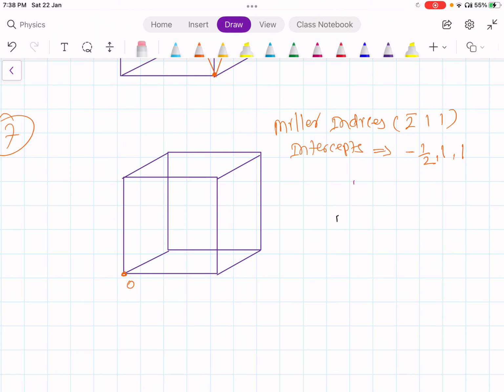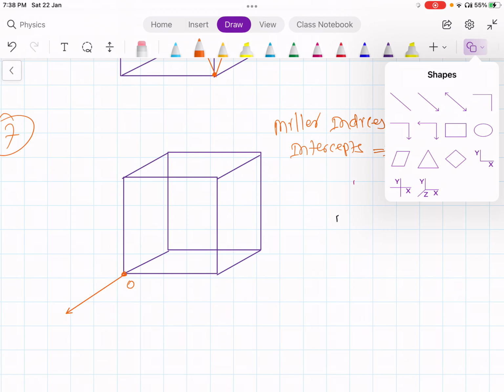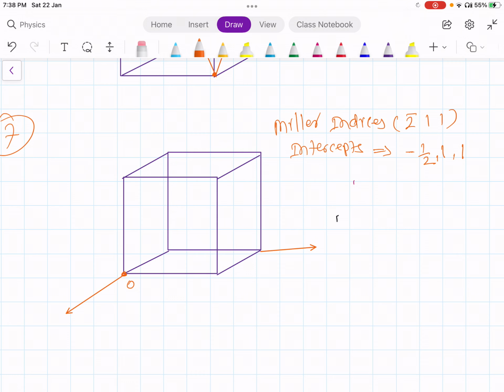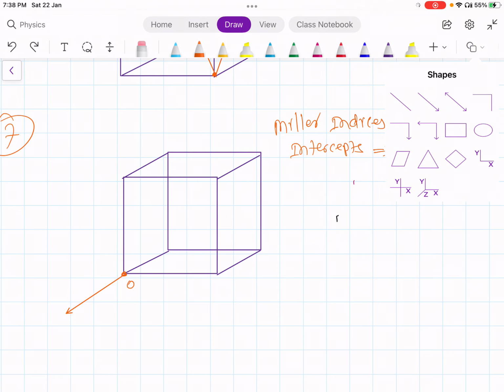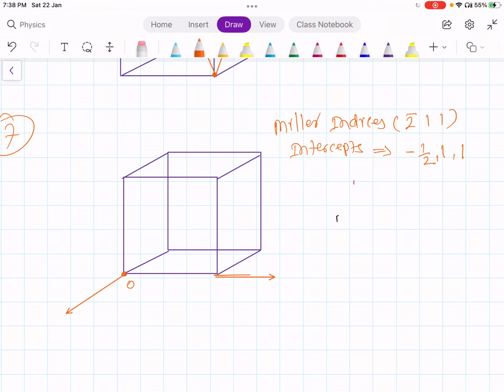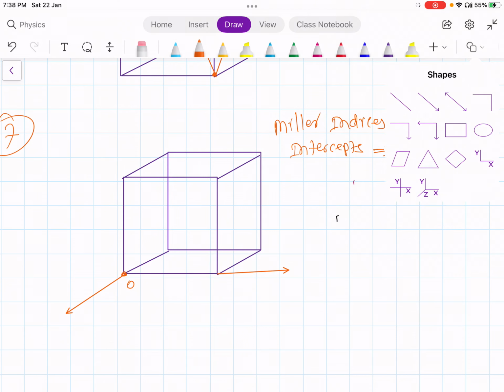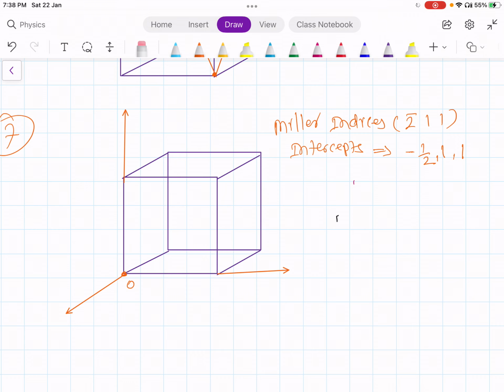Then let's mark the axis. This is x, y, and z. Then let's mark the points. -half, 1 on y, and 1 on z.